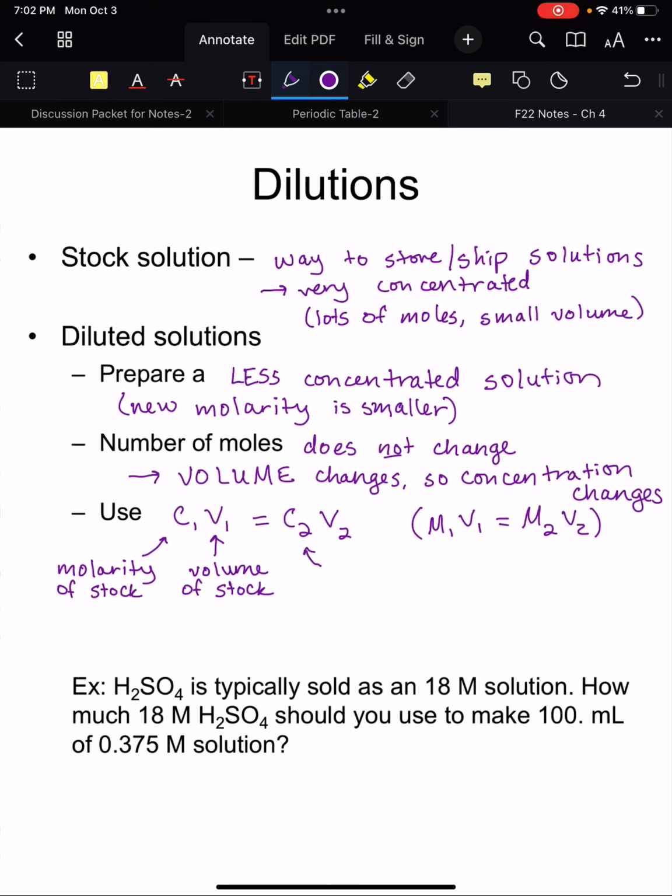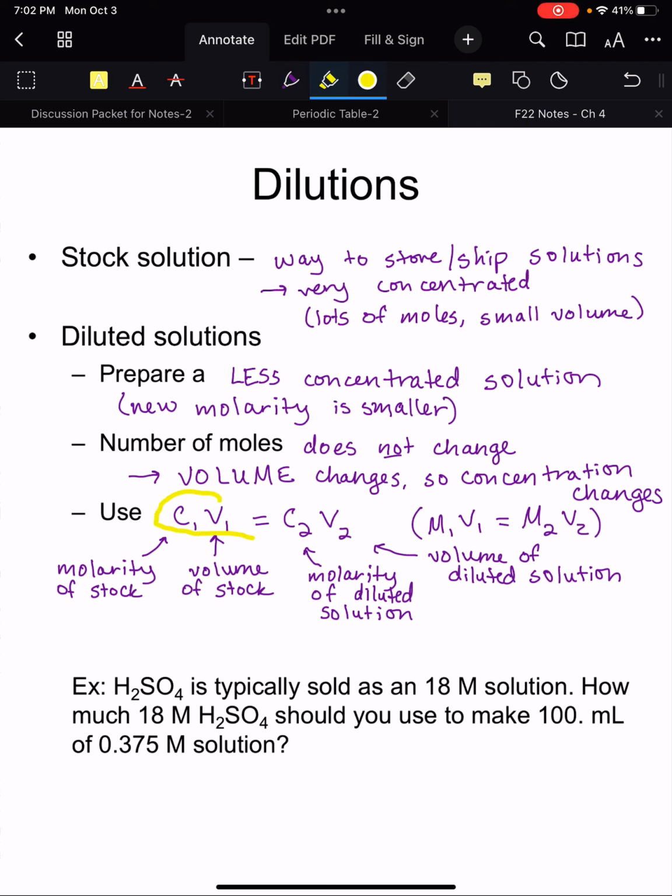So C2 is the molarity of your diluted solution, and the volume, V2, is the volume of your diluted solution. So notice they have to be paired up. And again, you will know when to use this equation if it says the word dilution in the problem or if it says something just about concentration changing.